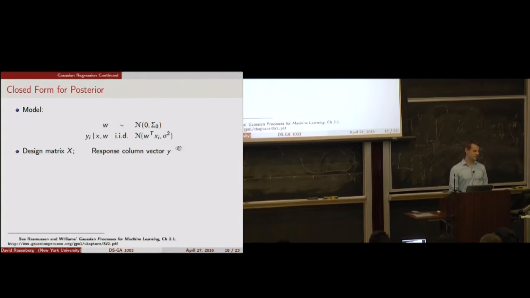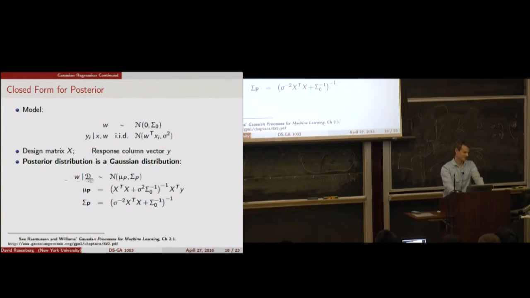And y is the response vector. So the posterior distribution of W given D, if the world is nice to us, should be Gaussian, and it is. Here I've written it out in pieces: the posterior of W given D is Gaussian, with a particular mean and covariance, which I'm writing below. Take a look at this mu_p for a minute. P is for posterior. Not exactly clear, because P could also be for prior, but in this case it's for posterior.